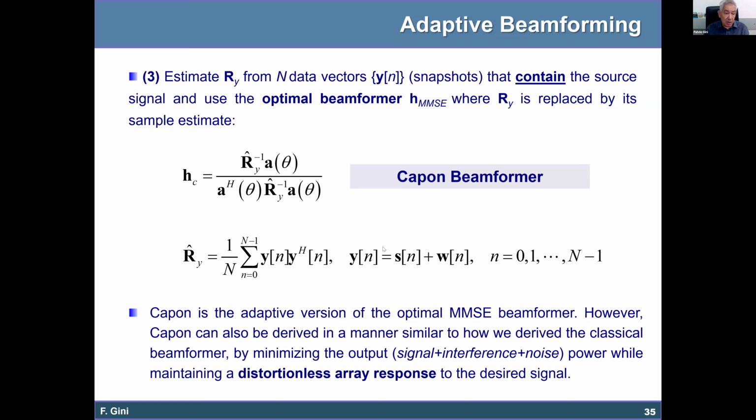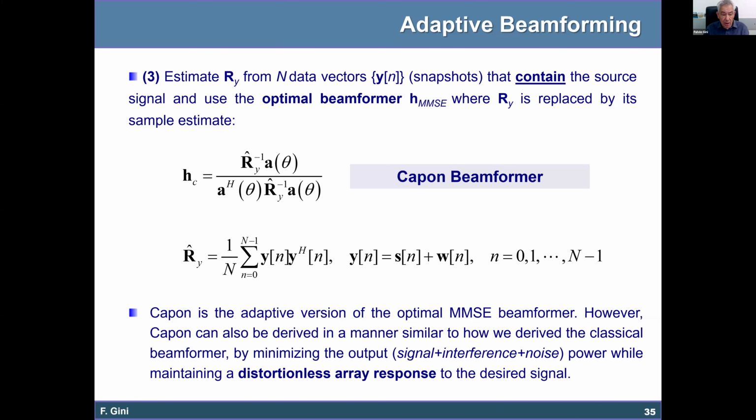also the minimum variance distortionless beamformer. So depending on which matrix we can estimate, the disturbance covariance matrix or the whole data covariance matrix, we obtain two different adaptive beamformers.